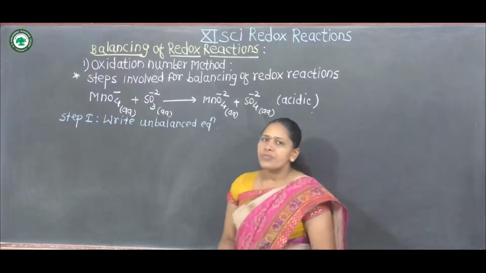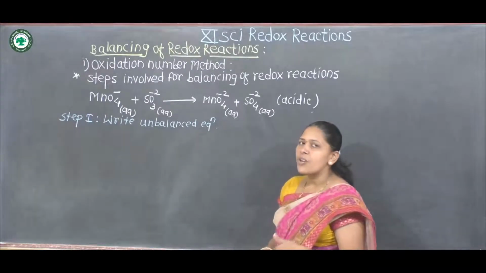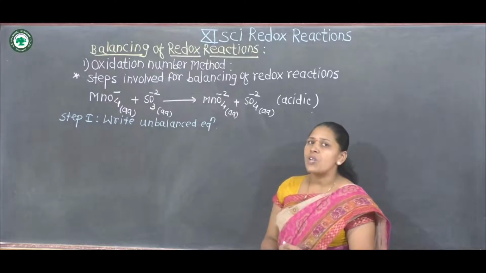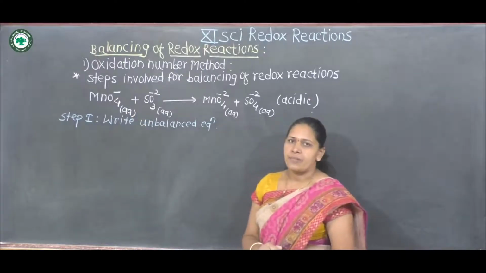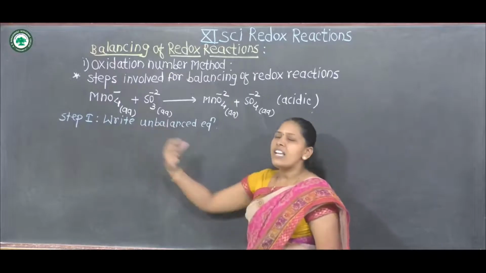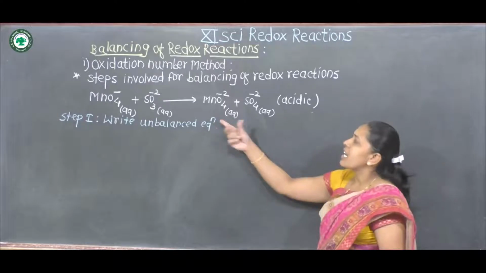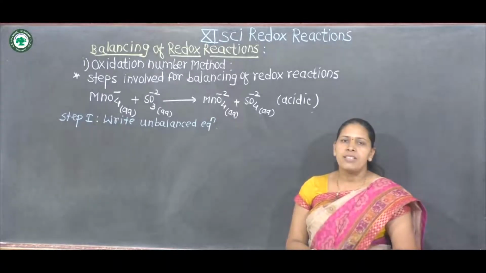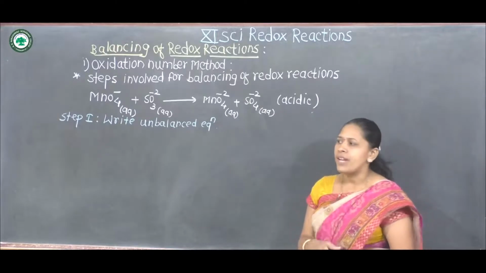First of all, the atoms other than hydrogen and oxygen are sulfur and manganese. In the reactant side there is one Mn atom. In the product side there is also one Mn atom. That is, the atoms other than hydrogen and oxygen are already balanced.